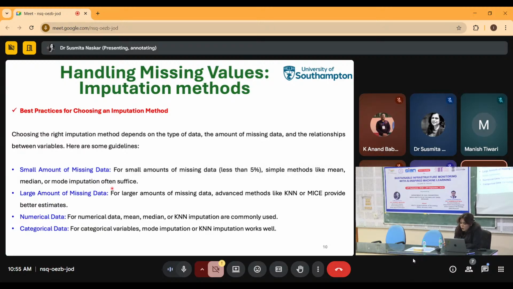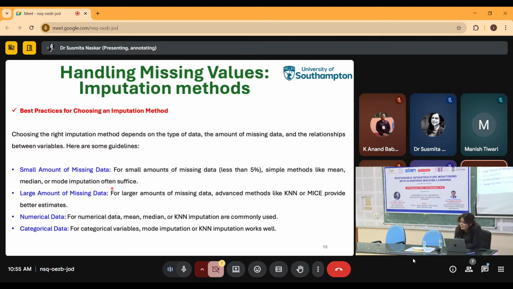Small missingness, which is less than 5%, is quite easy. You have to keep it simple. You use the mean or median for numerics, or mode for categorical, and if it's truly MCAR and non-critical, then dropping a few rows can also be fine. That applies when your missingness is less than 5%, okay?